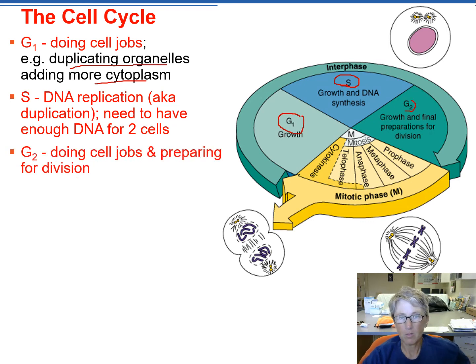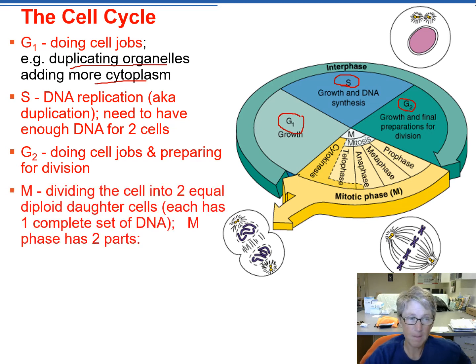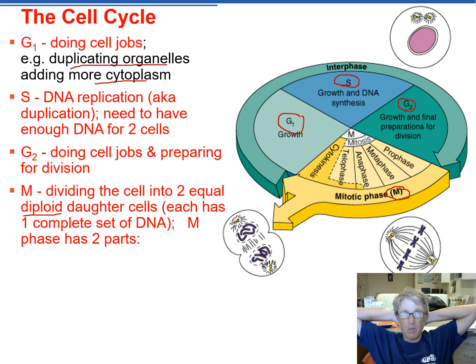G2 is another subphase of interphase. You're doing more of your cell job, preparing for mitosis to divide. And then in the M phase, you're dividing the cell into two equal diploid daughter cells. Diploid just means that each daughter cell will have the same number of chromosomes as the parent had.